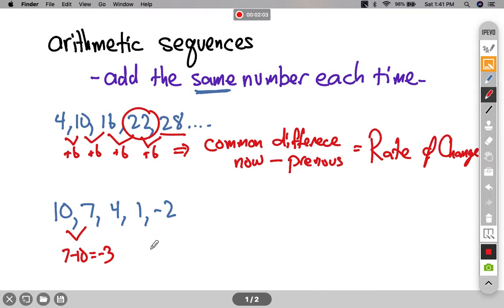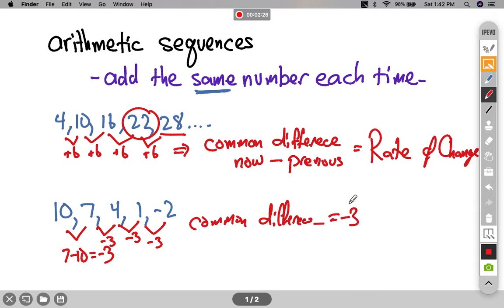We like to think of that as we're subtracting 3, but we can also say we added a -3, because 4 minus 7 is again -3. 1 minus 4, -3. So here my common difference is a -3.